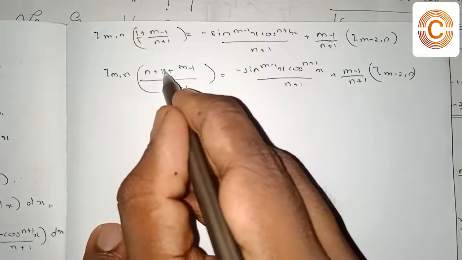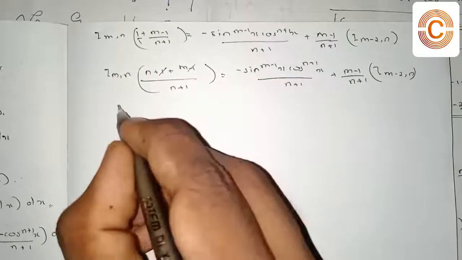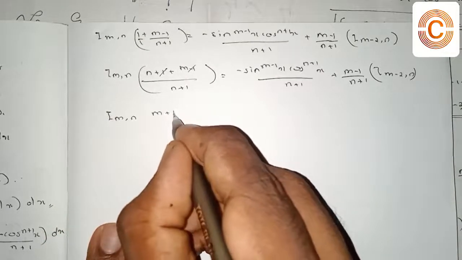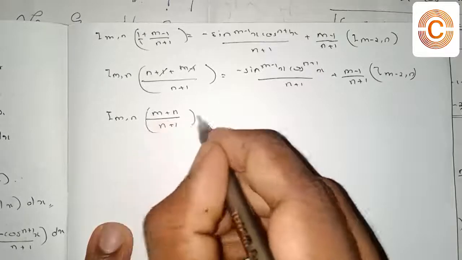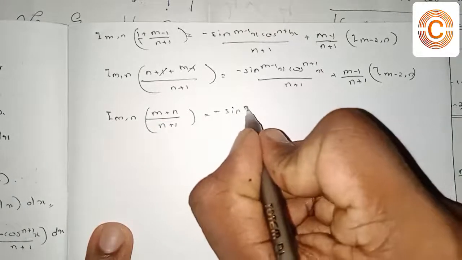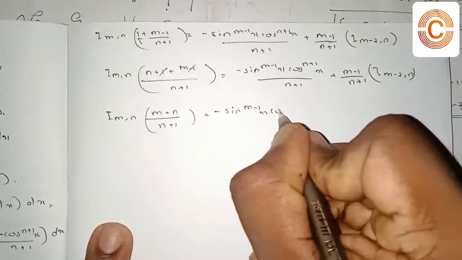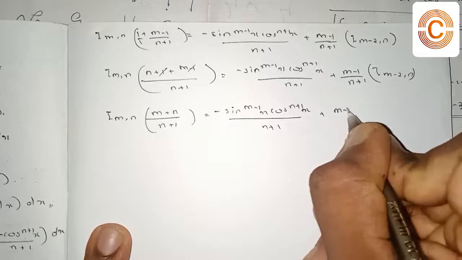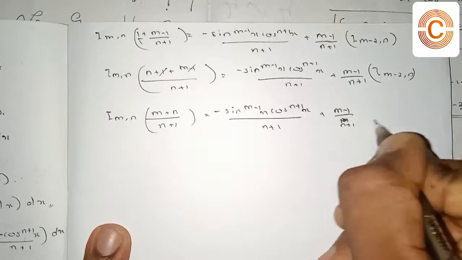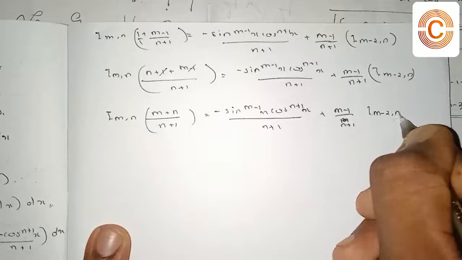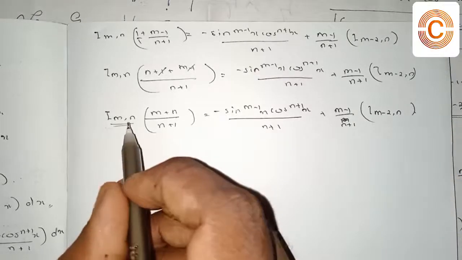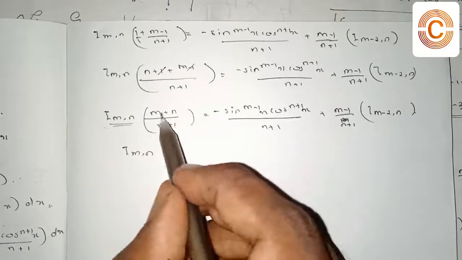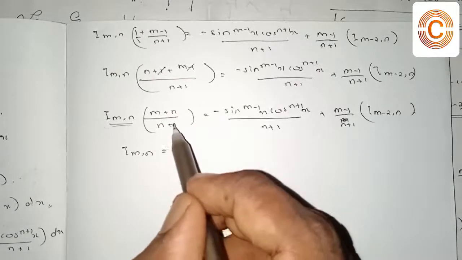By solving here, the 1 plus 1 and minus 1 will be cancelled, and I m,n into numerator m plus n is existing and denominator n plus 1, which is equal to minus sin^(m minus 1) x cos^(n plus 1) x divided by (n plus 1) plus (m minus 1) divided by (n plus 1) into I (m minus 2),n here. So note here that we want to find I m,n, which is equal to, take this term, that is (m plus n) divided by (n plus 1), from the left hand side to the right hand side.